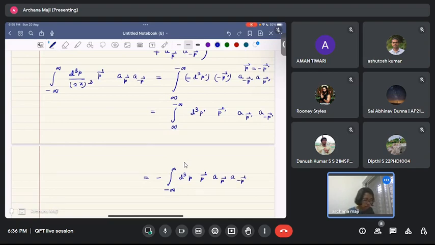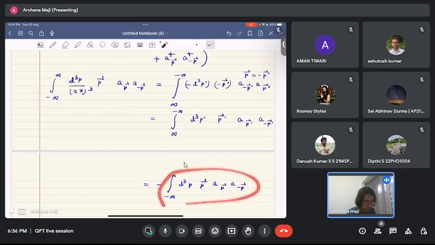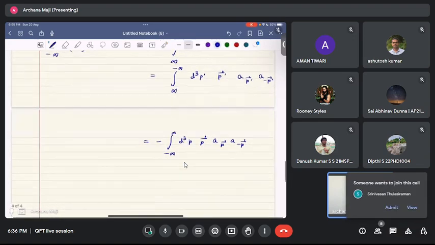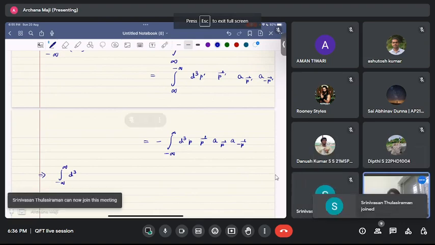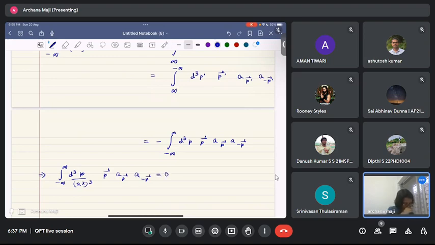So you see the left hand side is equal to minus of itself, so that integration is 0. This is equal to 0.